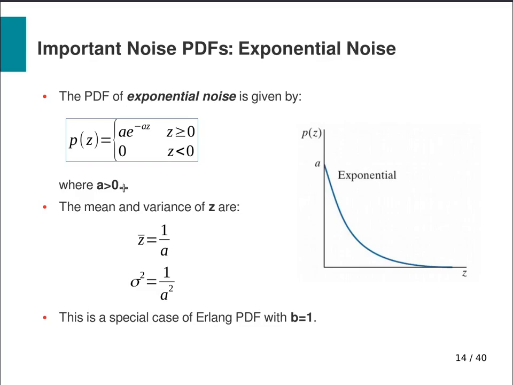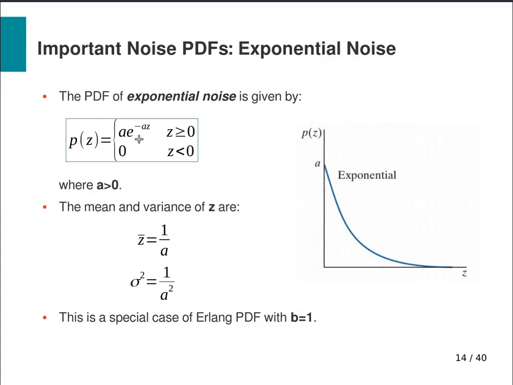And in this equation, a is a positive value. A cannot be negative, otherwise this function is going to be infinitely increasing, which makes the area under the curve infinite, which is not possible for a PDF.